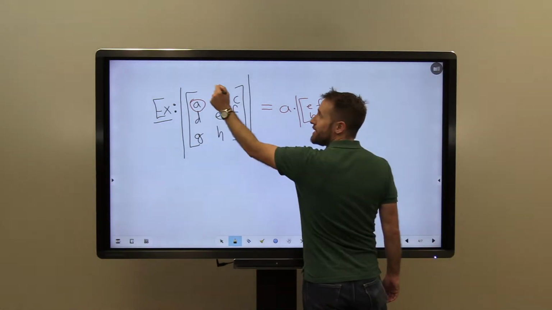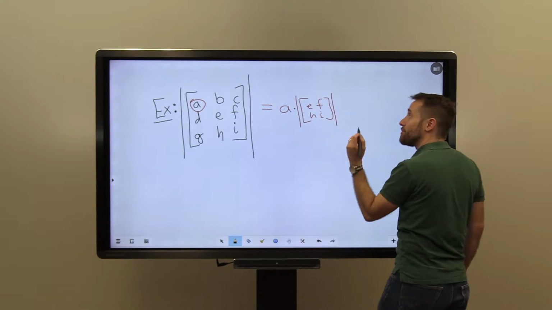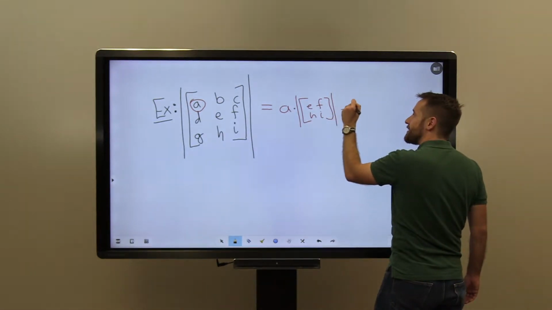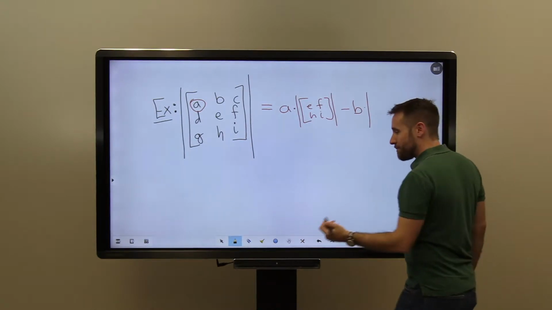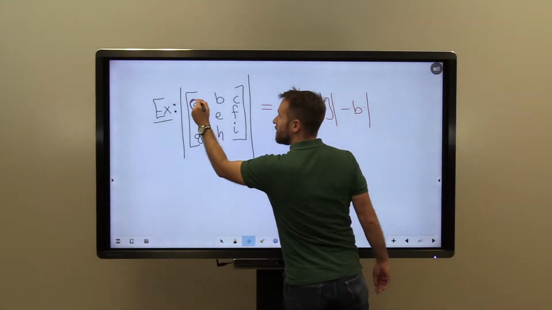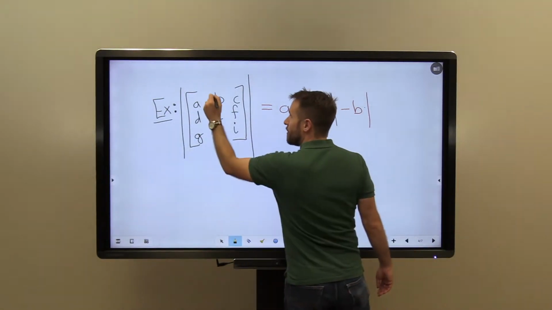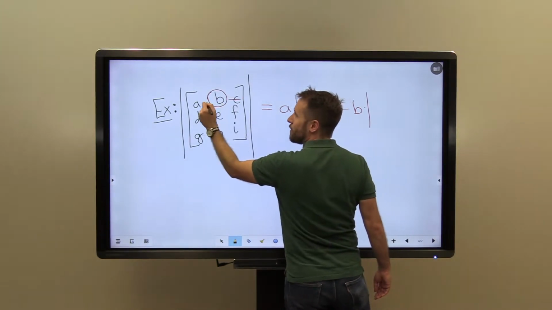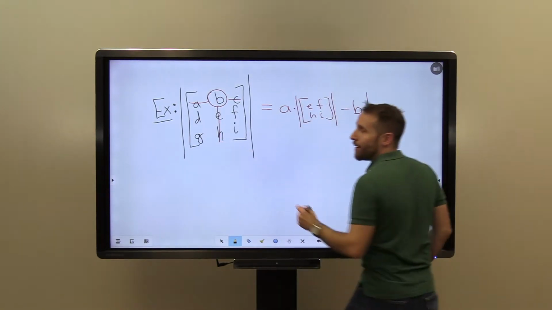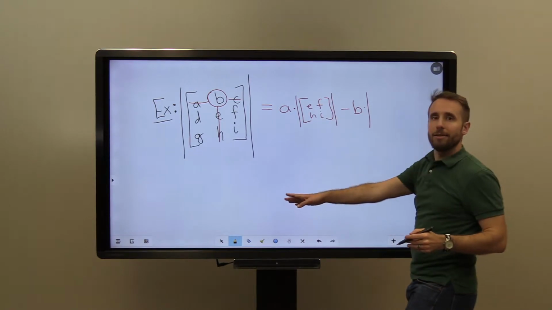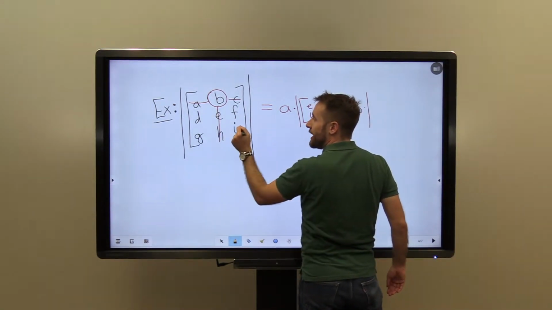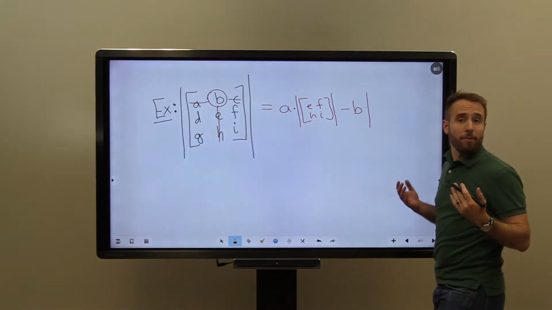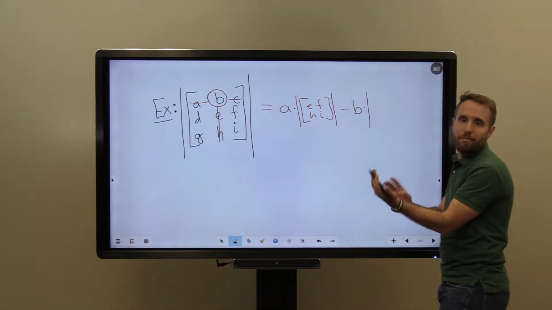Next, we're going to go to B and do the same thing, but we're going to subtract it. So it's going to be minus B times a given determinant. And again, we'll take B, we'll cross out everything else in the row, we'll cross out everything else in the column associated with B, and what's left are 4 entries, D, F, G, I, and that will form our next 2 by 2 matrix.